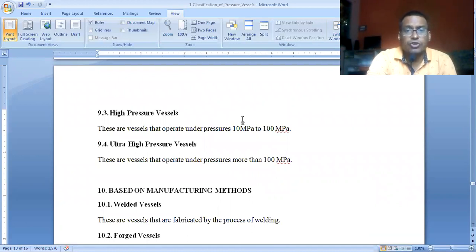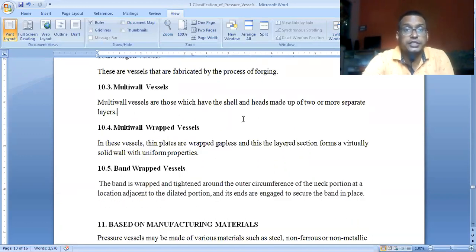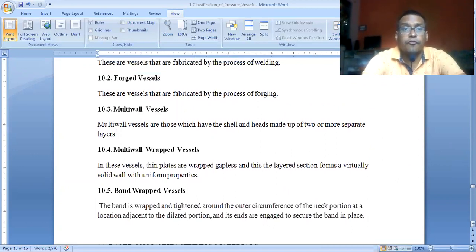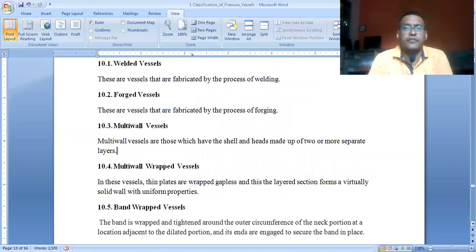Then based on fabrication method, whether it is welded, whether it is forged, whether it is a multi-layered vessel. When it is a welded vessel, mostly the welded vessels are preferred. These welded vessels are simple welding that is done. Then forged vessels, the forging is done. These are preferred for small vessels, or casted vessels are there.